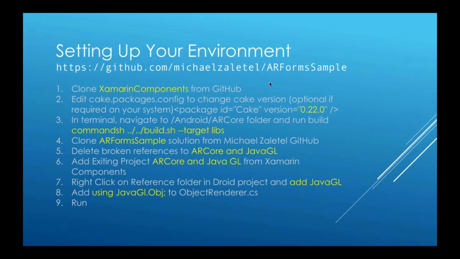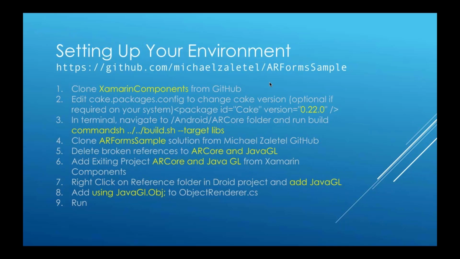One small issue that really held up one of our people, took them like 6 or 7 hours to solve, is that you need to clone the Xamarin components from GitHub, the entire thing, because it's got the Android ARCore in it. In order to run the ARCore Xamarin.Android solution, you need to clone Xamarin components.